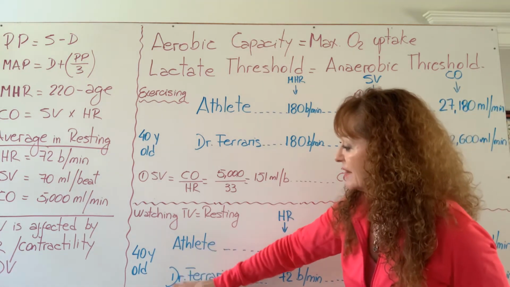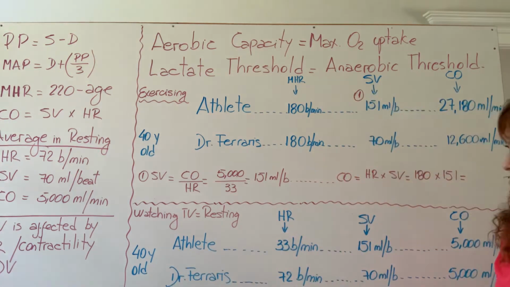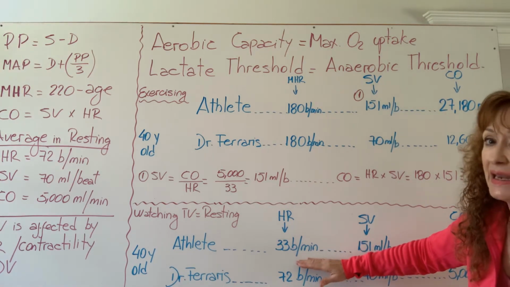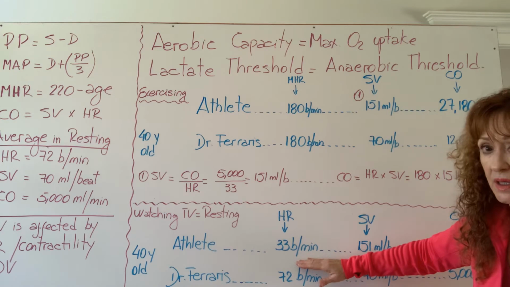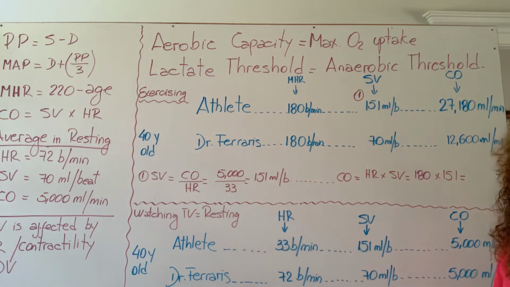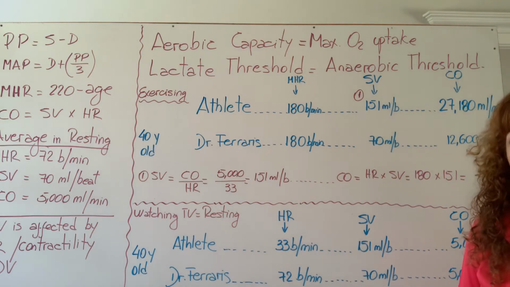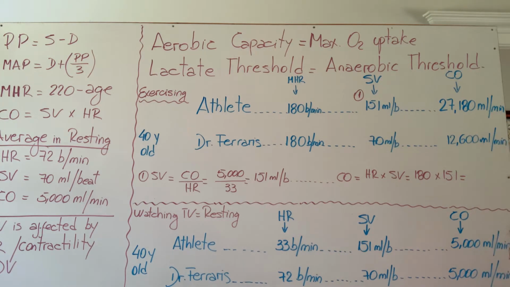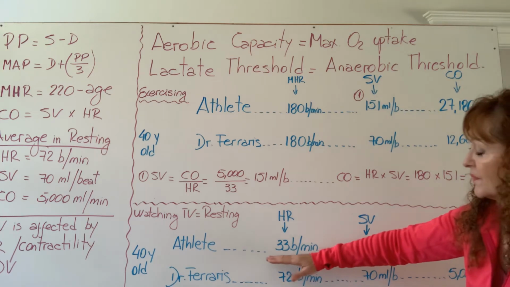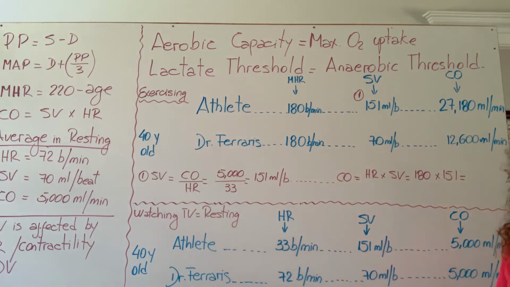So both the athlete and I are 40 years old. The heart rate for the athlete is never, ever a normal heart rate. This athlete remains in normal bradycardia in resting position, and in this sample it is around 33 beats per minute.